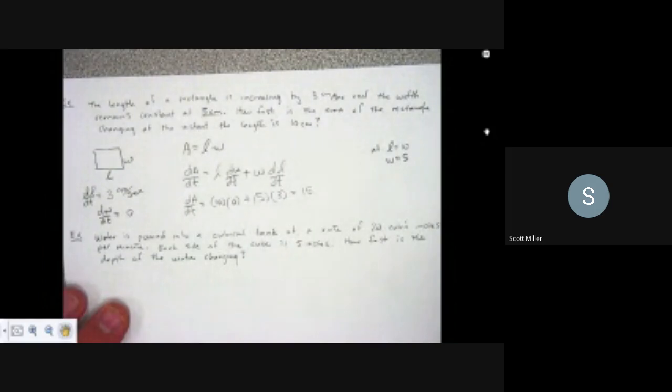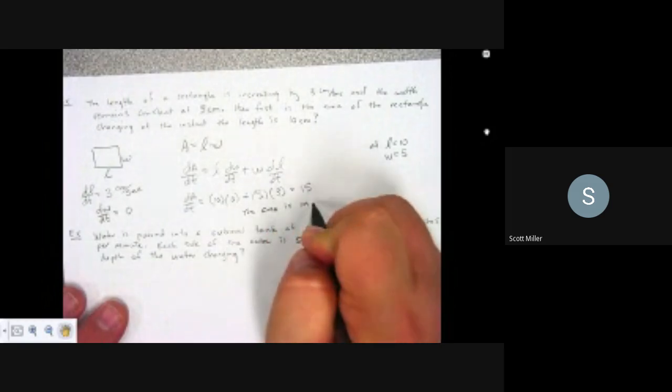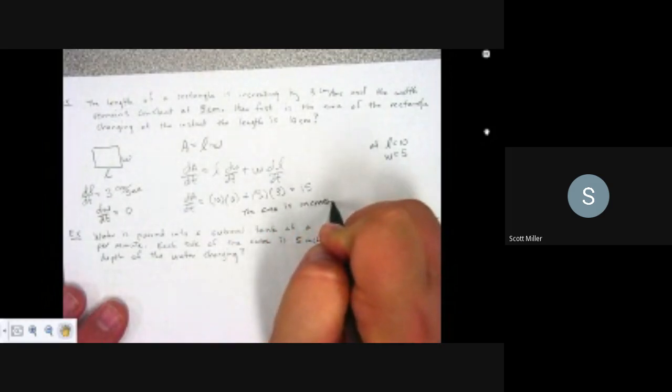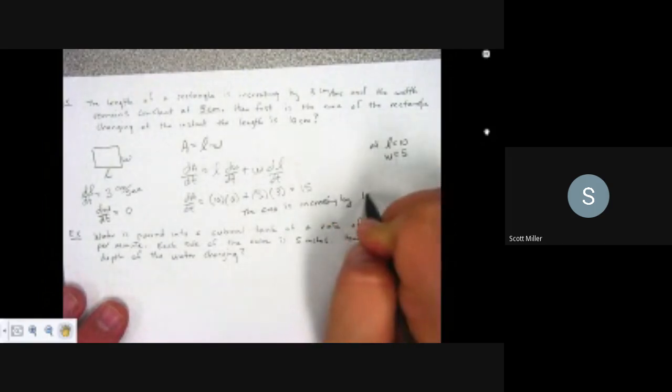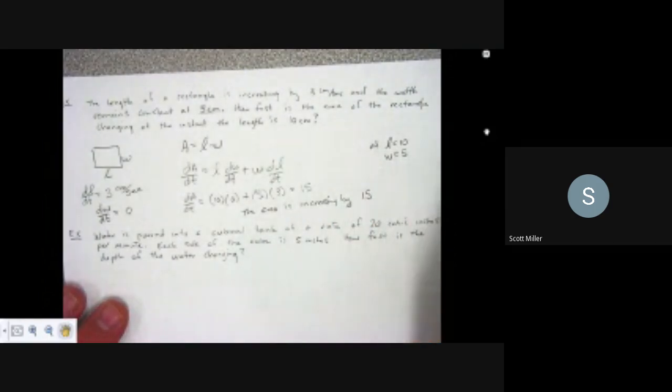Okay? So the area is increasing by 15. Now, what kind of units would I have on the area? Well, what is the units for area in this case, since we're using centimeters?